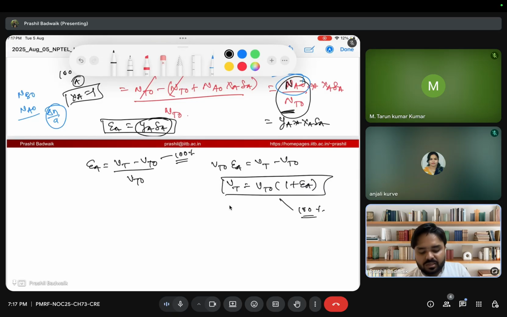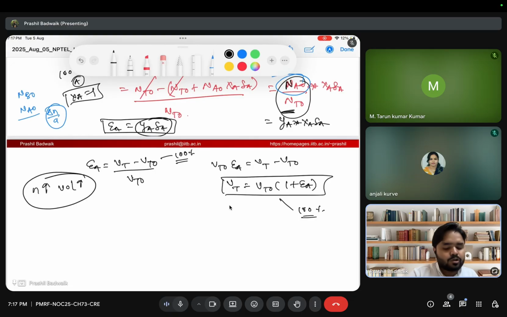And you know, as the number of moles increases, volume increases, and hence we can also write in terms of conversion. Okay, so here it would be for 100%. What if the conversion is not 100%? Then the fractional change in the volume will be that conversion times.